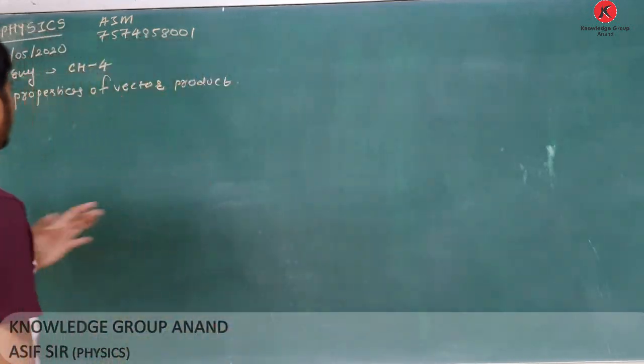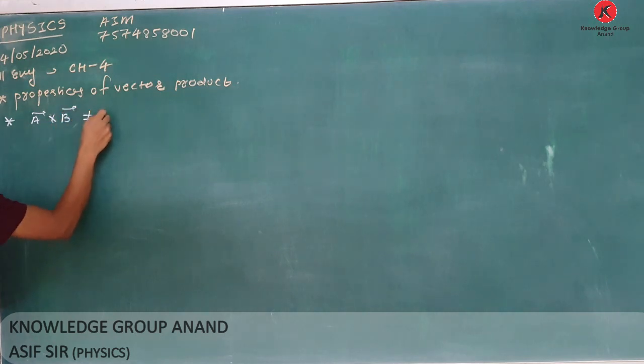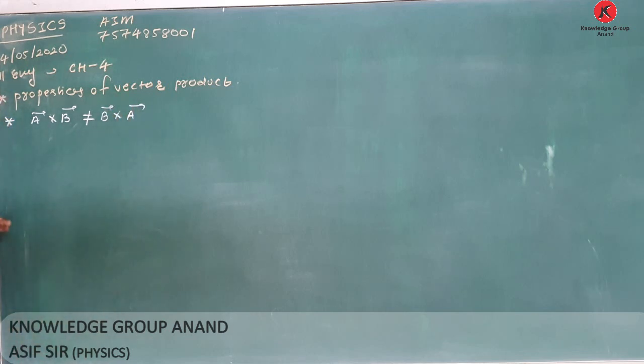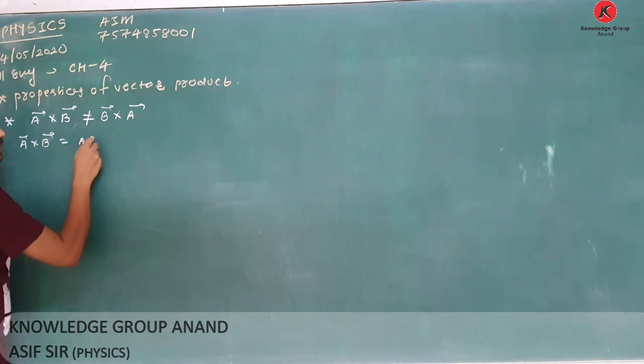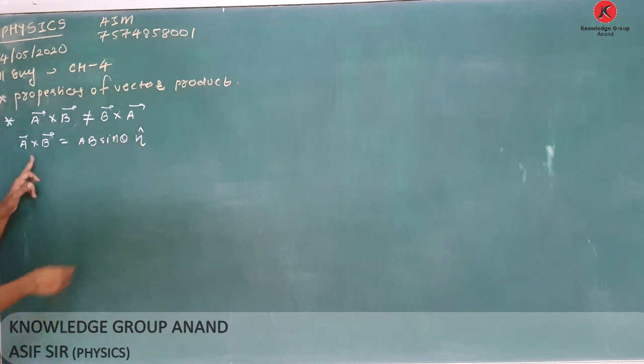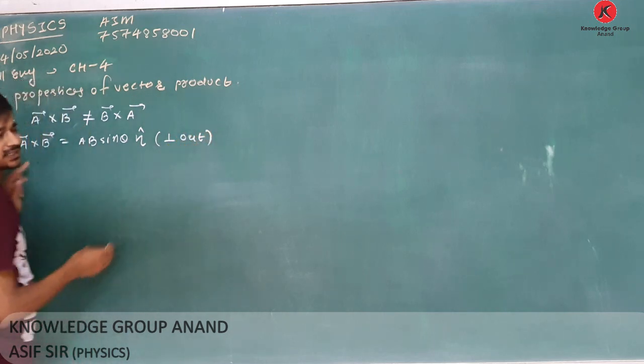Now, today we will see other properties. The first property is that A cross B is not equal to B cross A. A cross B is AB sin theta n caret, and we know from the last lecture that it is perpendicular outward.